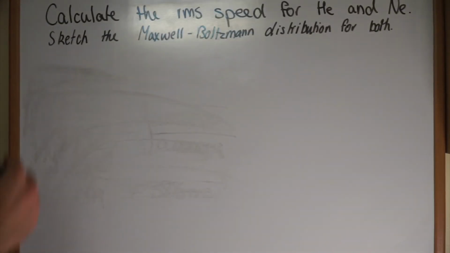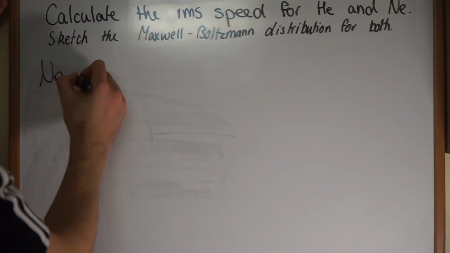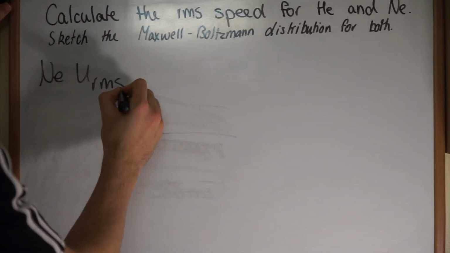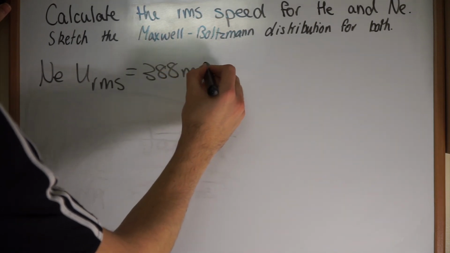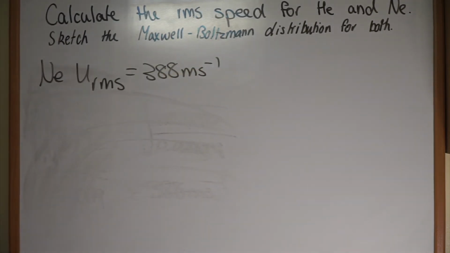So we've calculated the root mean square for neon. That equals 388 meters per second. Now we're going to do the same thing for helium.